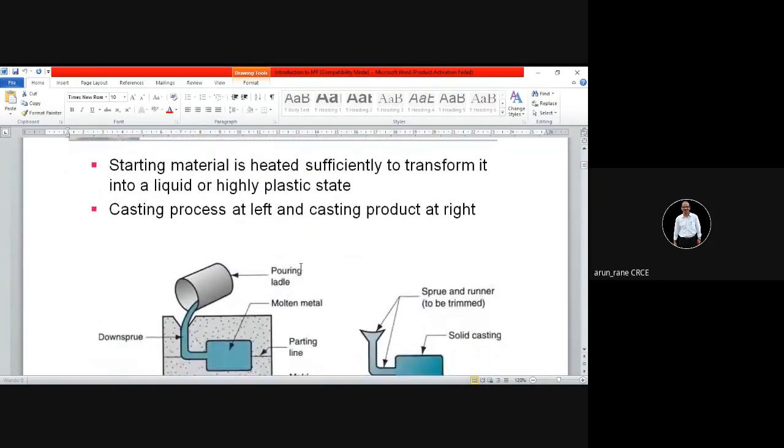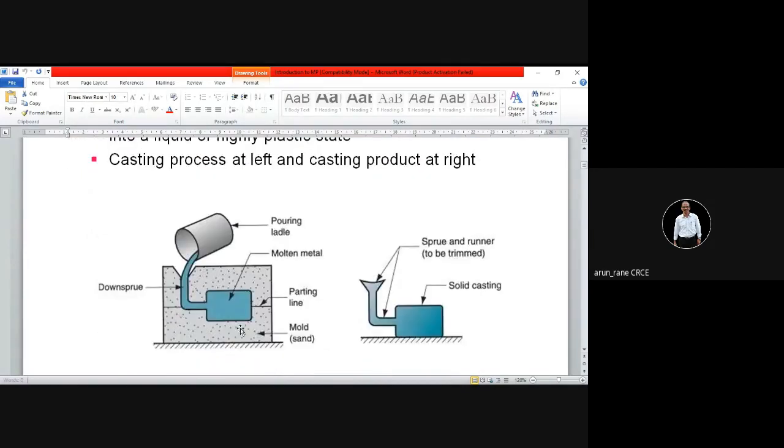See now what we are doing here. This is a molten material, and this is your mold. In the mold, this cavity is cut. This is a sand casting mold, that means the mold is made out of sand. The mold also can be made out of metal, like the molds used on injection molding or die casting machines.